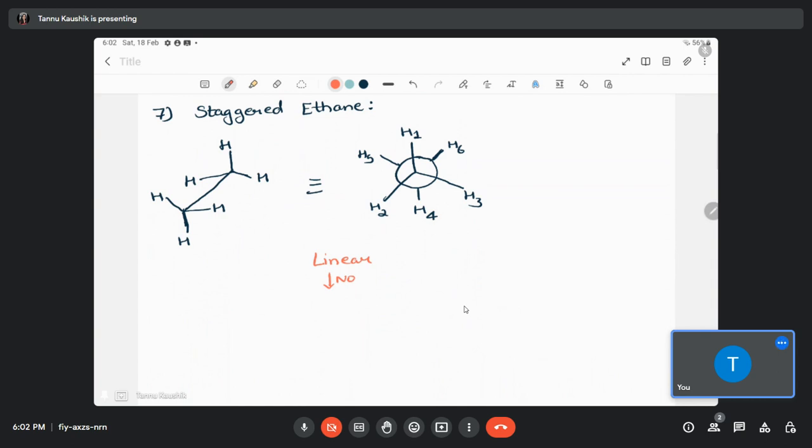Do we have a C3 axis of rotation here? Yes, we have a C3 axis of rotation perpendicular to the plane of the board. But we have only one C3 axis of rotation, so the condition for more than one C3 axis is again not satisfied.